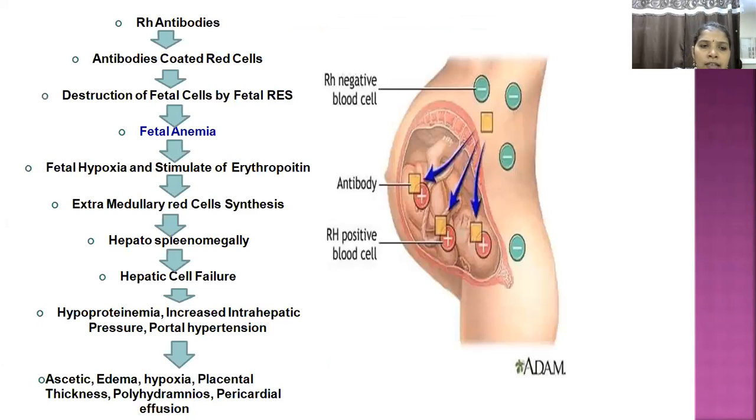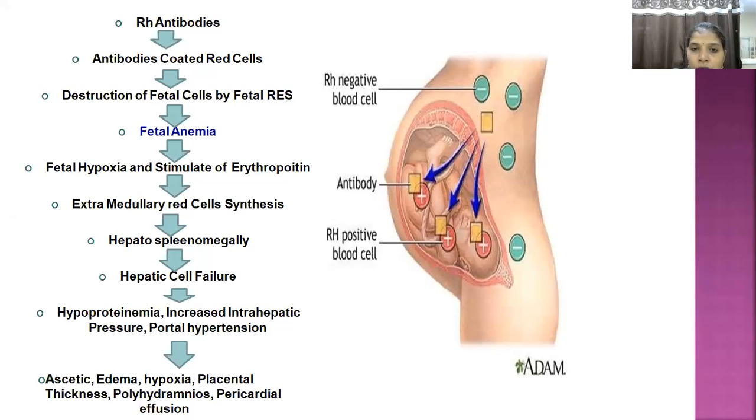So here is the flowchart showing that Rh antibodies, antibody-coated red cells, destruction of fetal cells by fetal reticuloendothelial system, and fetal anemia occurs, fetal hypoxia stimulates erythropoietin, extramedullary erythropoiesis occurs, resulting in hepatosplenomegaly, hepatic failure, then hypoproteinemia, increased intrahepatic pressure, and portal hypertension.